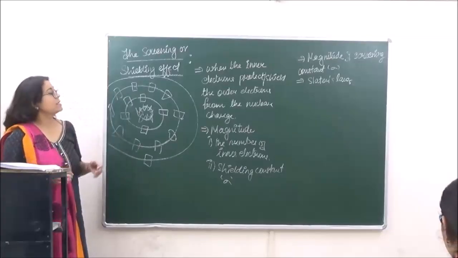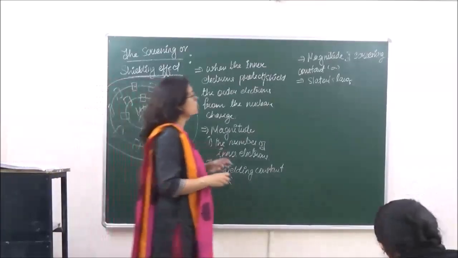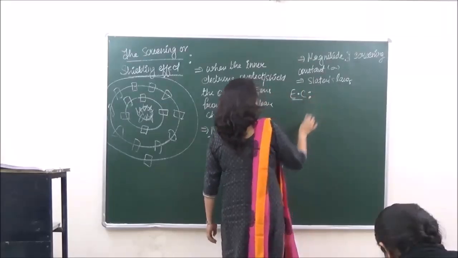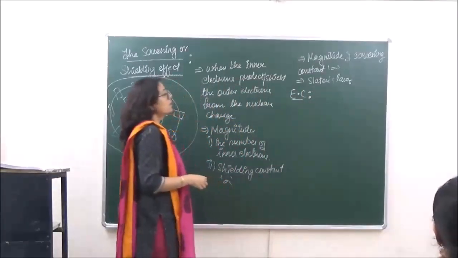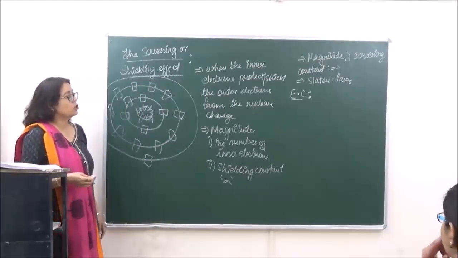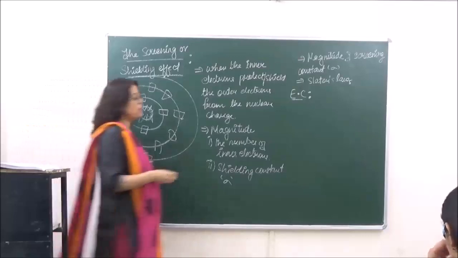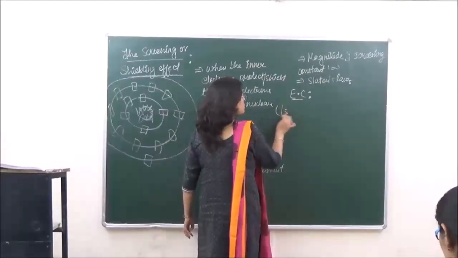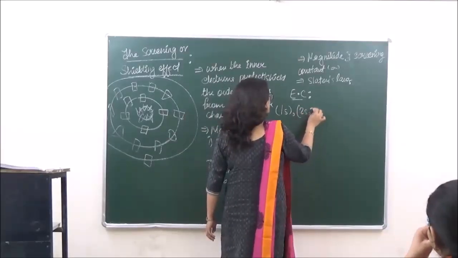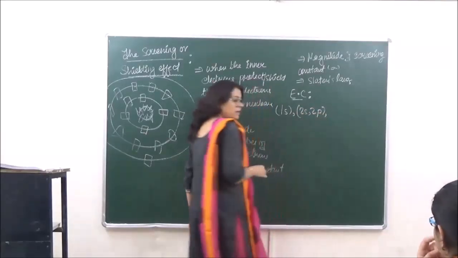Now, according to Slater's law, we have a definite pattern of electronic configuration. So let's see how we are going to group the subshells together while understanding Slater's law. First of all, we will have 1s. Then in the second group we have 2s and 2p.